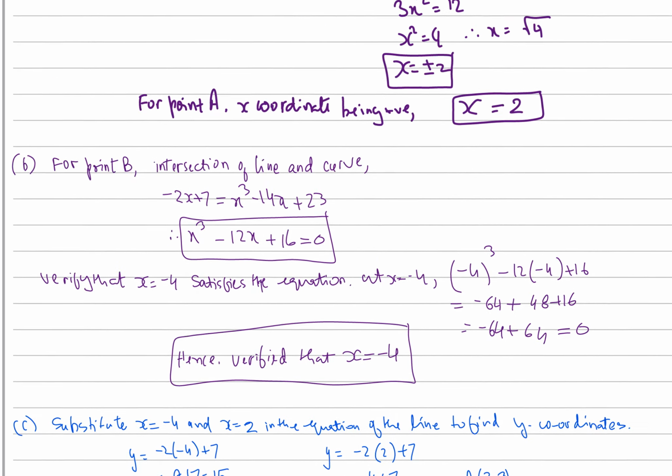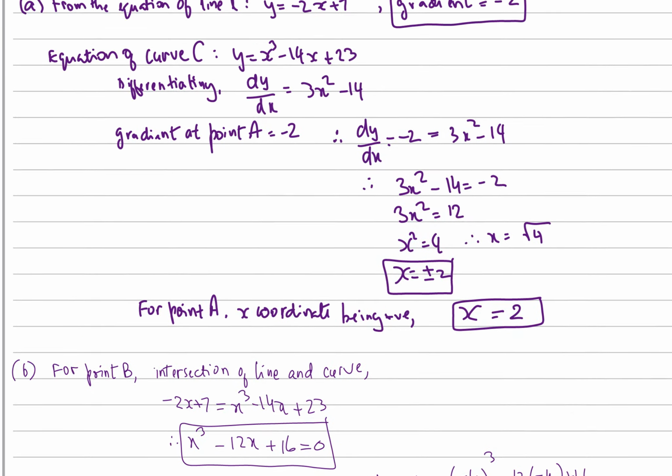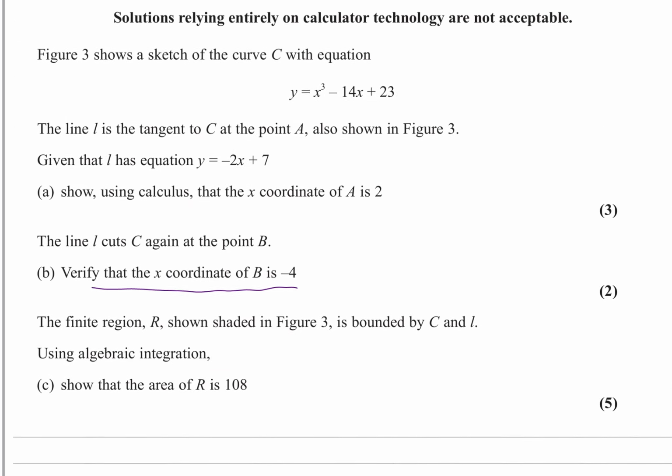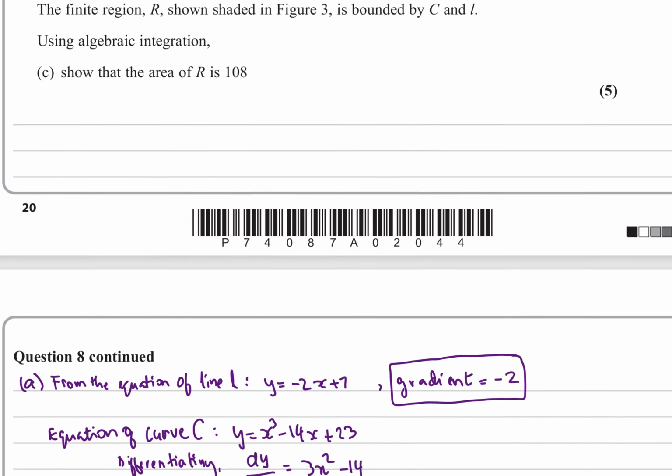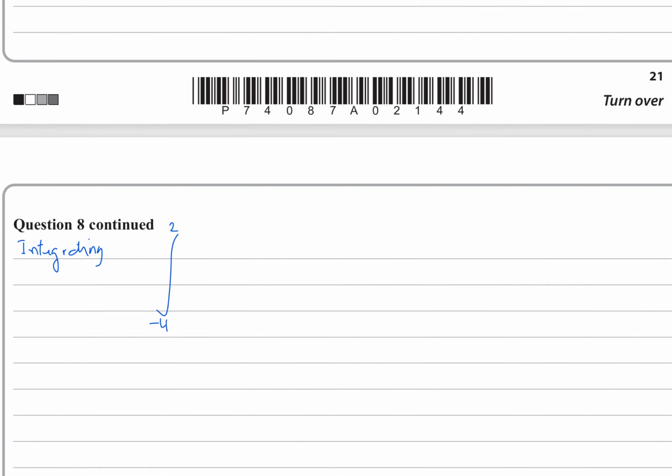The equation of this curve is x cubed minus 14x plus 23. So I'm going to write that. That's what we have to do. We're going to break it down, that's what is normally done.